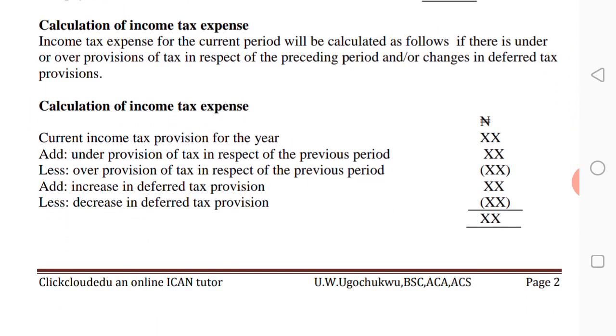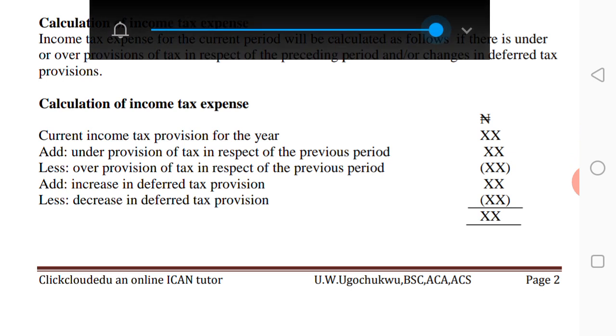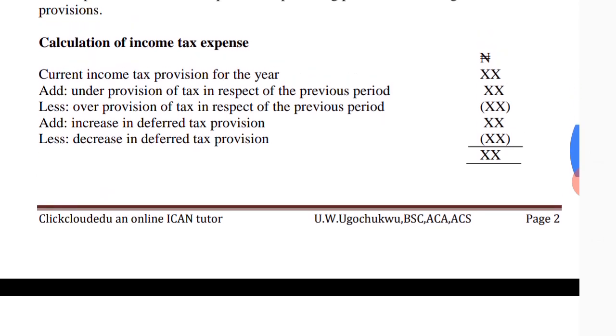We also looked at the calculation of income taxes. The income tax that we recognize in our financial statement, which is the profit or loss statement, is always a provision, and the provision will include over-provision and under-provision in the previous period, including the increase and decrease in deferred tax provisions.